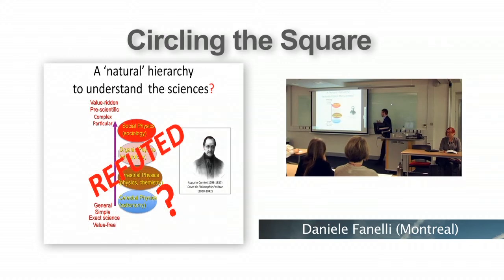I found this very intriguing from the beginning, and now it's becoming more and more an interest of mine, because it recalls straight away what was suggested at the beginning of philosophy of science as we understand it today.